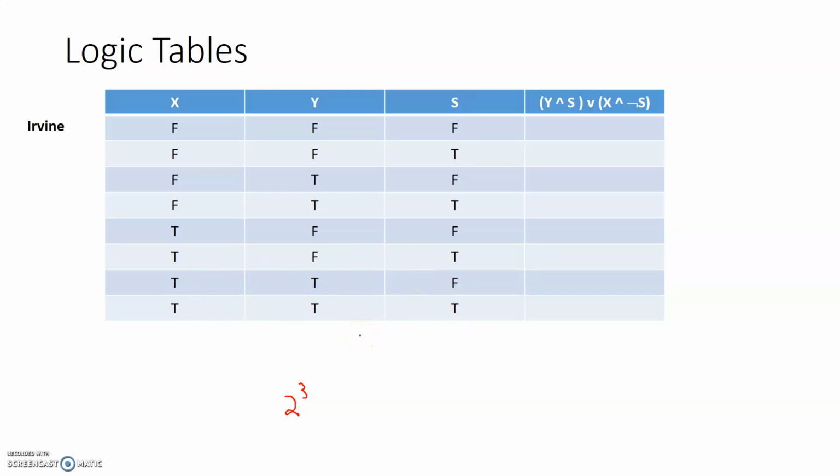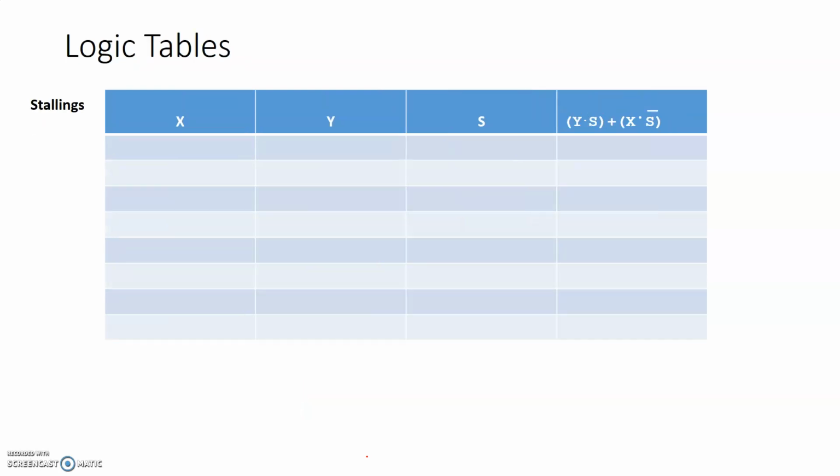The most common mistake made by students when building the truth table using the T's and the F's is that they duplicate one or they miss a row. On the Stallings slide, and I'll jump ahead, what he uses would be zeros and ones.